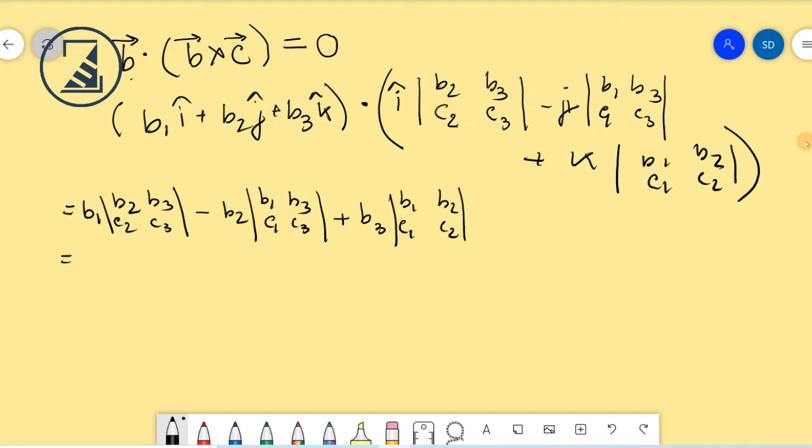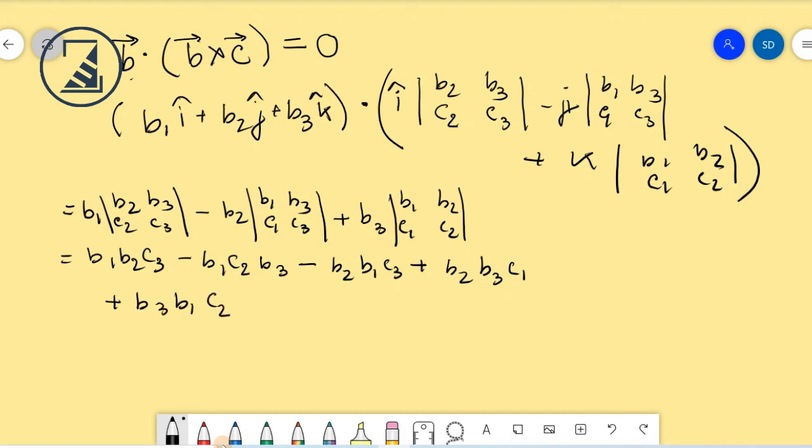Now if we expand the determinant and multiply it, then we are going to find B1 B2 C3. I am doing a step jump, you can verify it on your own: minus B1 C2 B3, minus B2 B1 C3, plus B2 B3 C1, plus B3 B1 C2, minus B3 B2 C1.